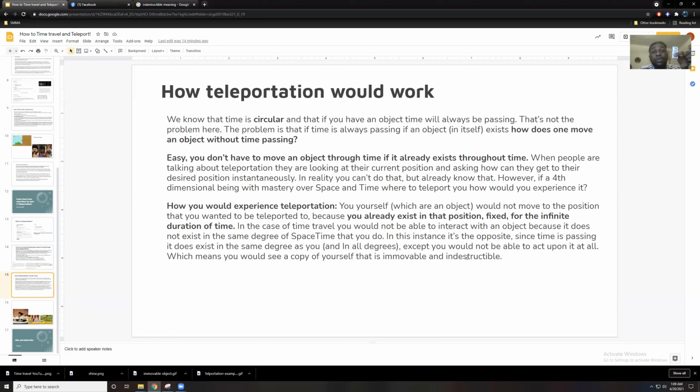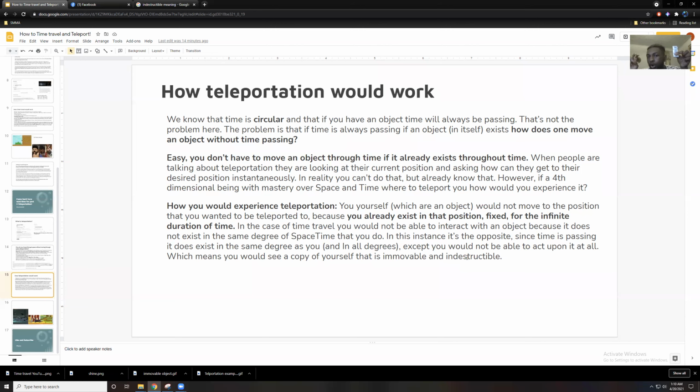forever, which means even if 100,000 years were to pass, 1,000,000 years, 2,000,000 years, and Earth is nowhere close to where it was in space when you originally were teleported, that being is forever fixed in that position.